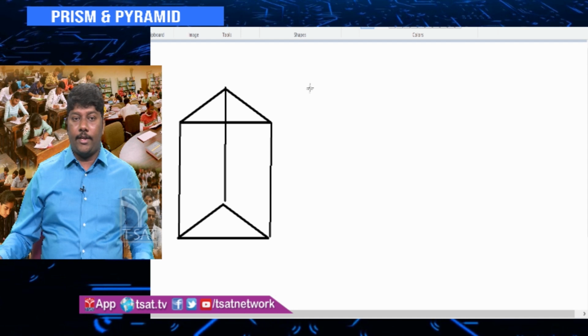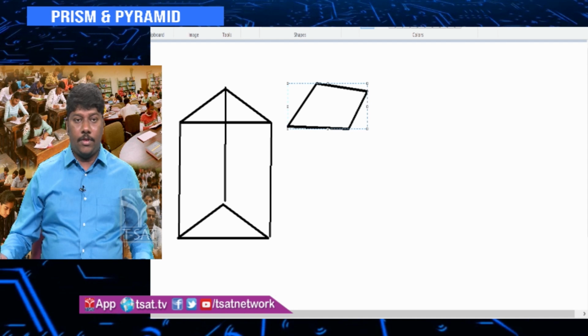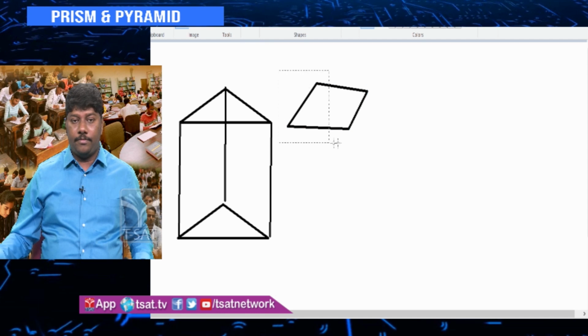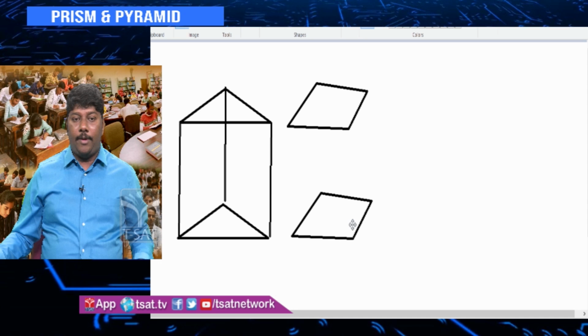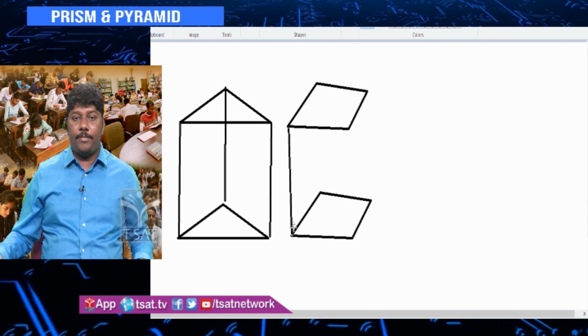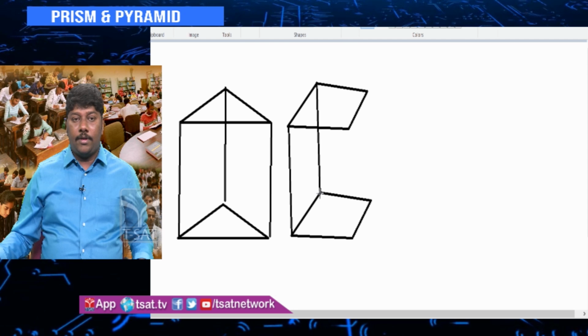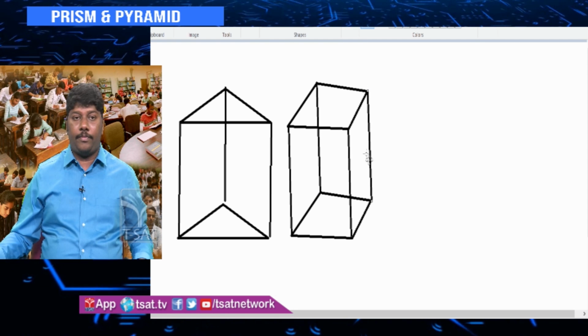If I take a quadrilateral, a four-sided polygon, and both the top and bottom surfaces are quadrilaterals, you call it a quadrilateral prism. I am joining these quadrilaterals using rectangular surfaces.